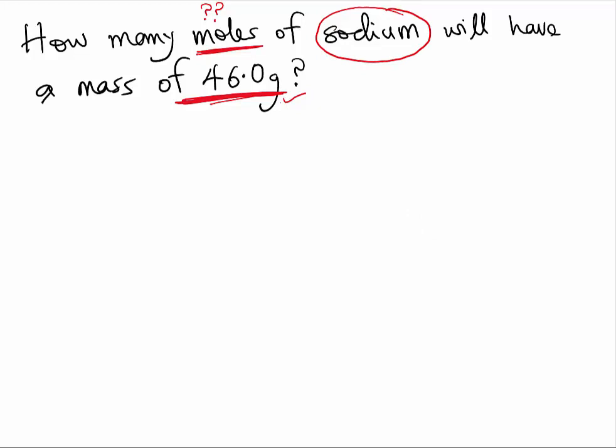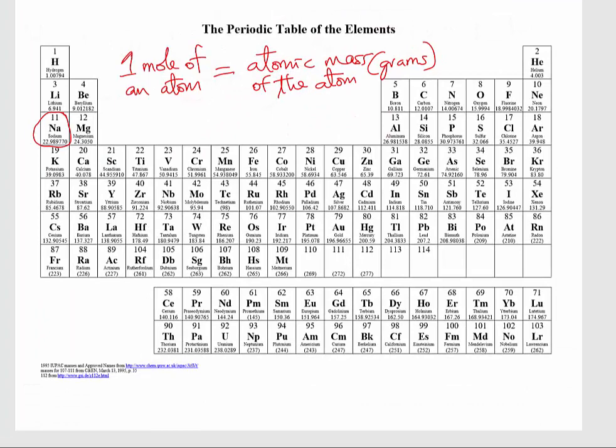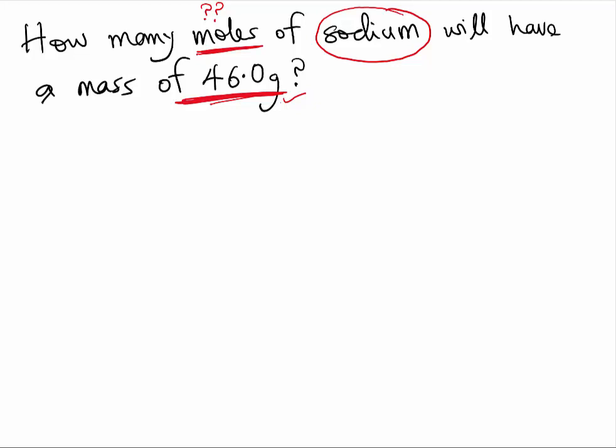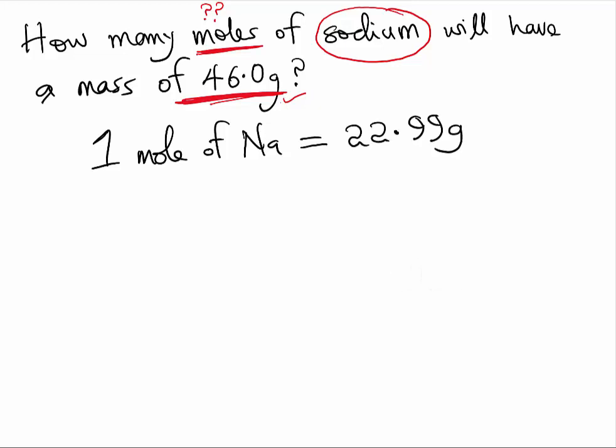Since we're dealing with sodium, if you take a look at the periodic table, sodium has atomic mass of 22.99 rounded to 2 decimal places. That means that 1 mole of sodium will have a mass of 22.99 grams. This will be the relationship between 1 mole and the mass of sodium, and that will be used as a conversion factor.